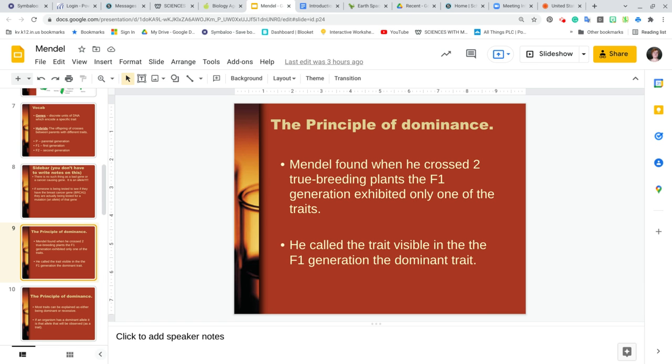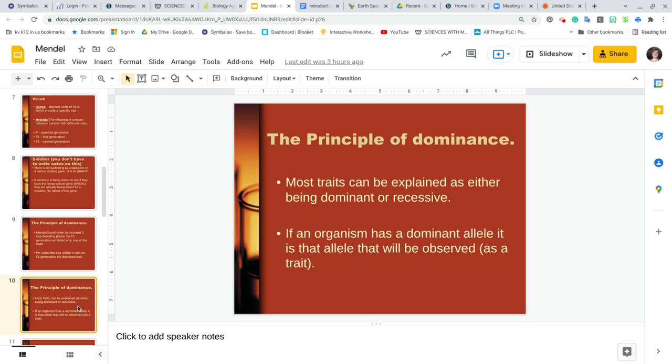If I cross two true breeding plants, a tall plant and a short plant, and I see in generation 1, F1, I only see one trait. That trait is a dominant trait. That is the principle of dominance. One trait is going to hide the other trait.